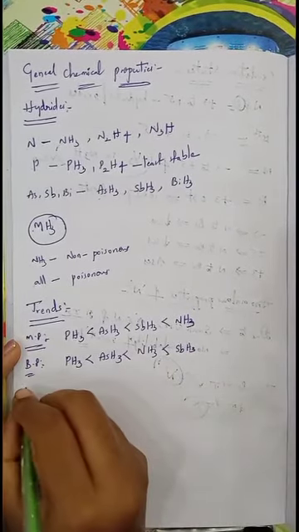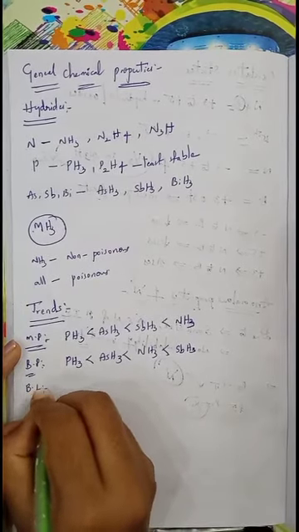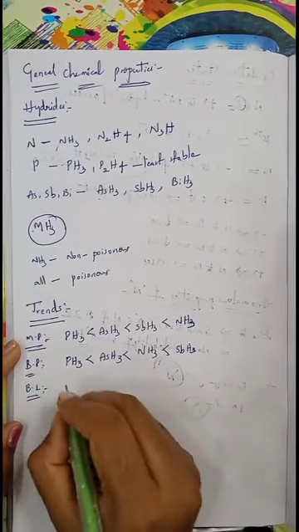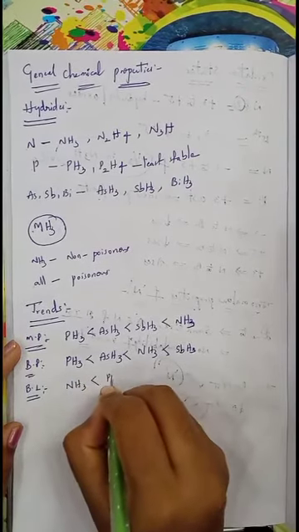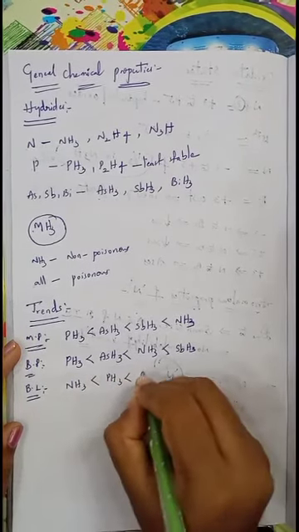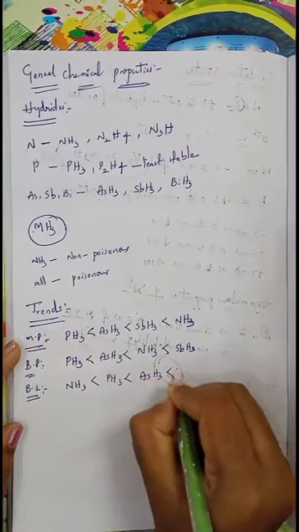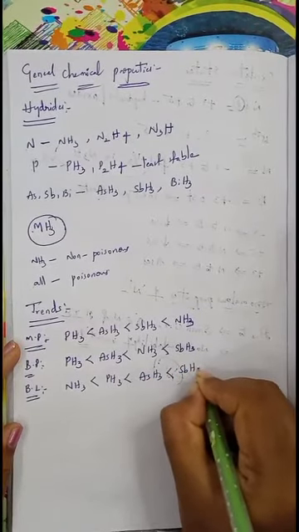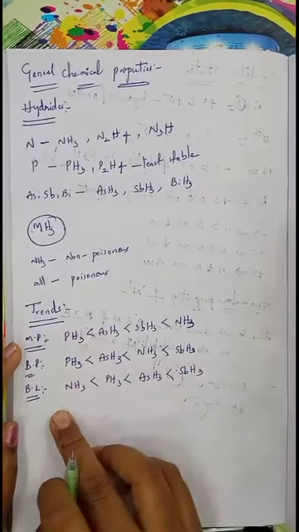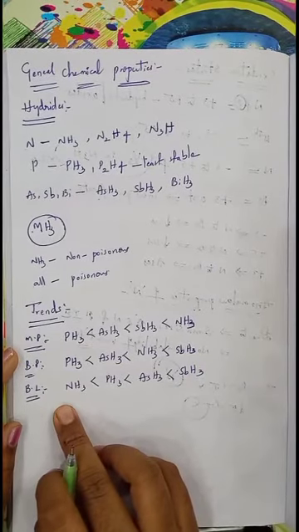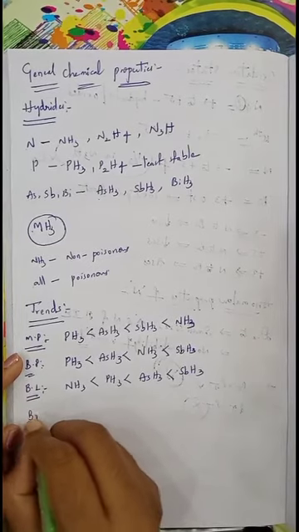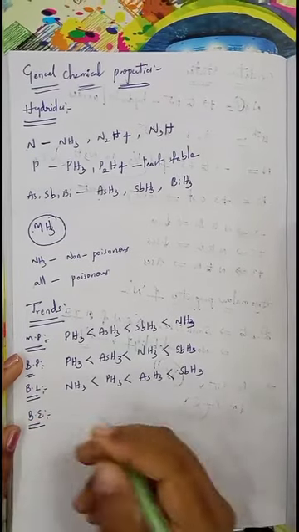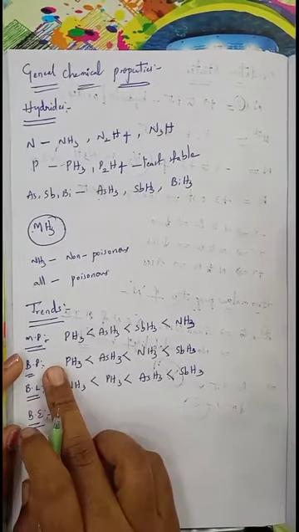Next, bond length. Bond length in NH3 is less than PH3, which is less than AsH3, which is less than SbH3, because the atomic size is very small in the case of nitrogen, so bond length also decreases. Next, bond enthalpy. Bond enthalpy is inversely proportional to bond length.